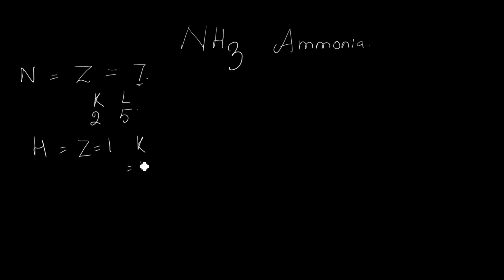So K shell has 1 electron. So all the valence shell electrons will show in the nitrogen, 1, 2, 3, 4, 5. Hydrogen 1 electron, this hydrogen 1, and this hydrogen 1 electron.